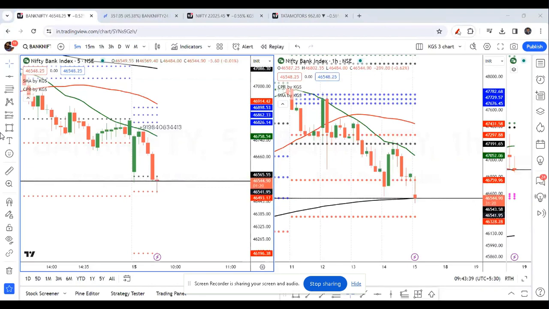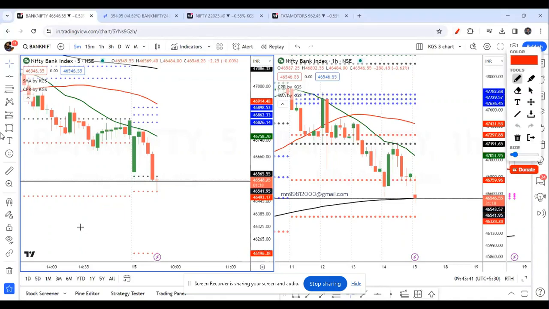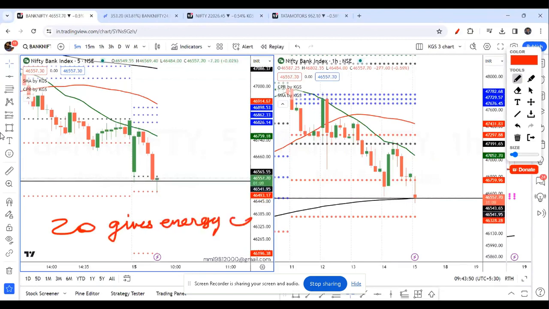All right. So this is why we say the 20 gives energy for the candles. I term it in this way: 20 SMA gives energy for the candles.